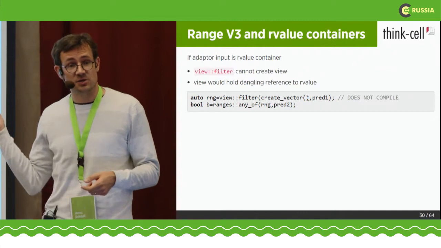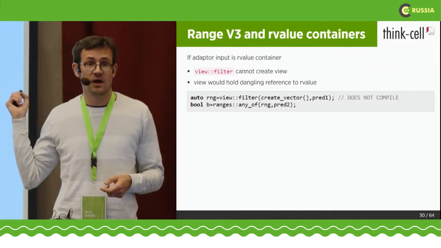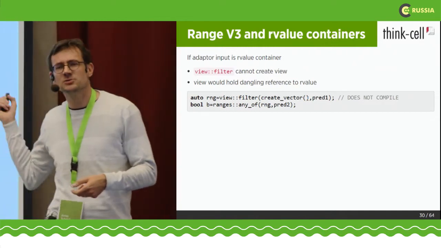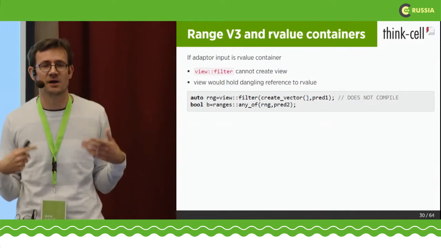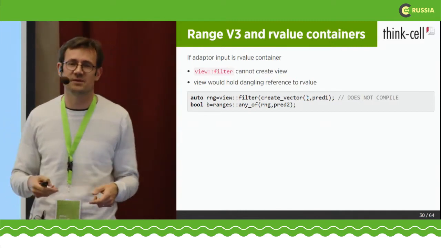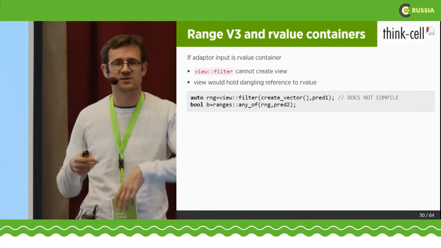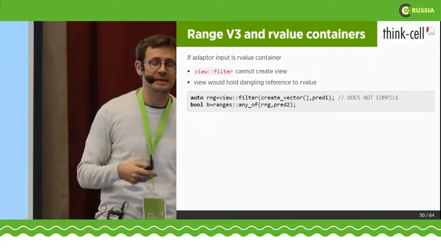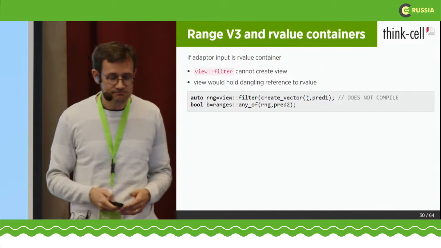Let's say the vector was created in place. And when you're programming with ranges, you actually do this very often. Your urge to inline is quite big. You don't need to name that stuff anymore. You just say, okay, I'm just going to generate a vector, and then I'm going to filter it and transform it, and so on. And it's all fine.